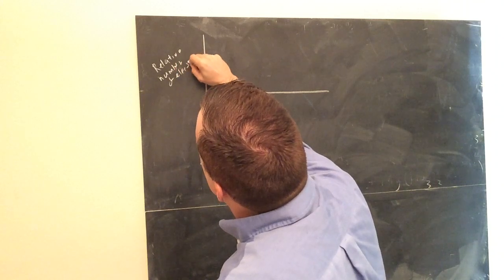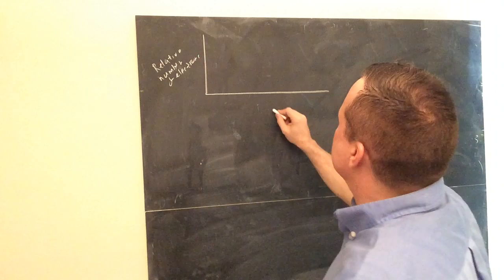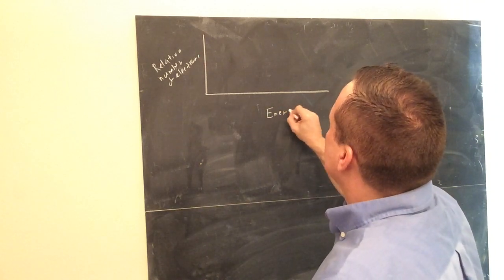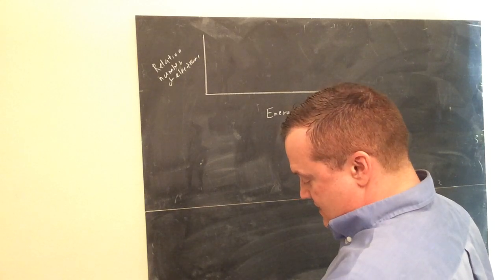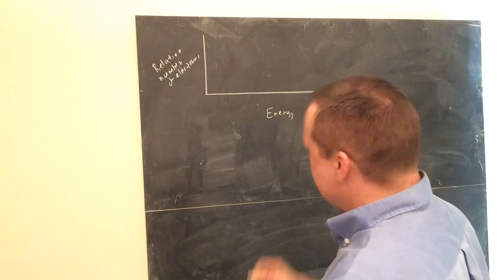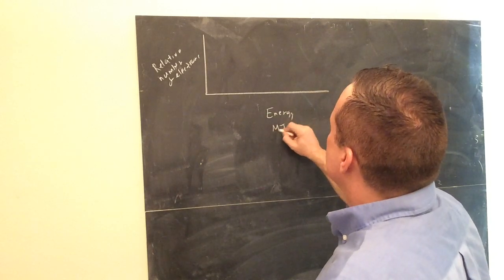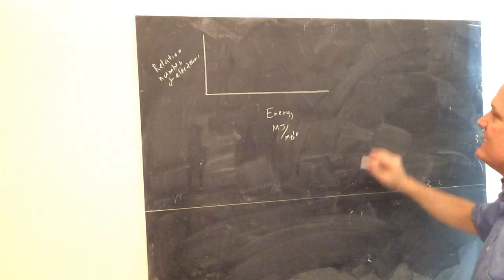So this is going to be a graph of what I was just talking about. Then down here, I'm going to put the energy. A lot of times they use, I've seen, megajoules per mole.